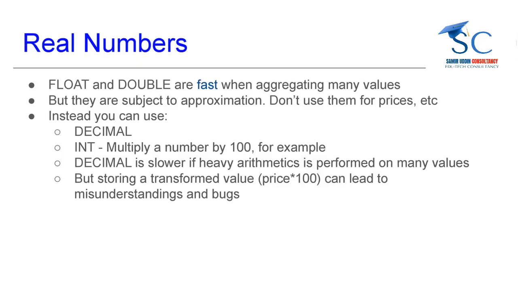For example, you want to store prices with up to two fractional digits. Instead, you multiply this number by 100 and store it as an int. It works, it's fast, but it could also be a bit confusing. So I don't see it often, and I don't recommend it in most cases.